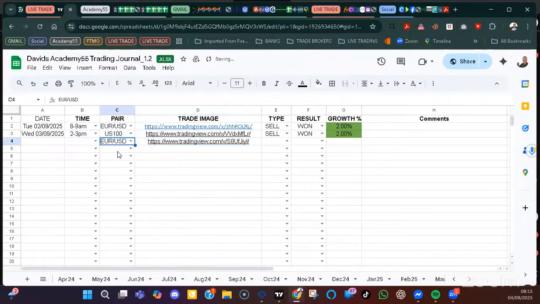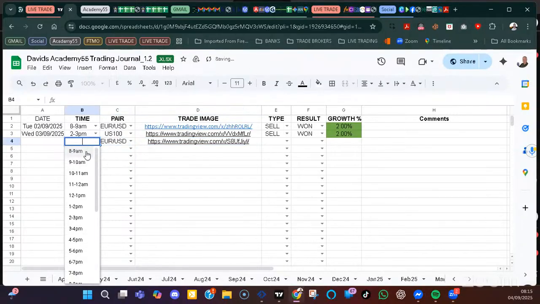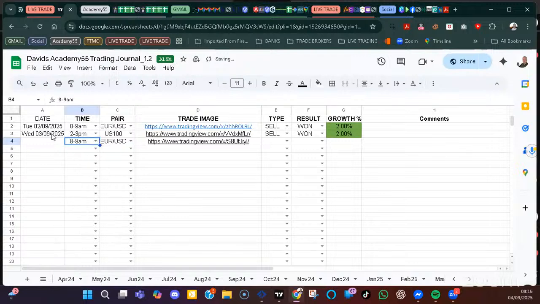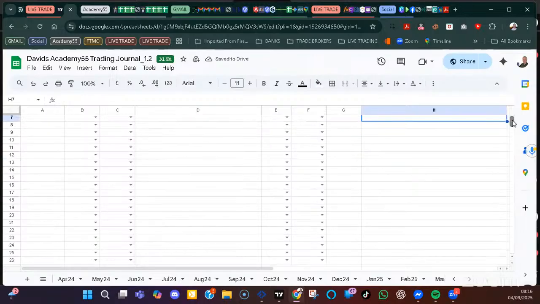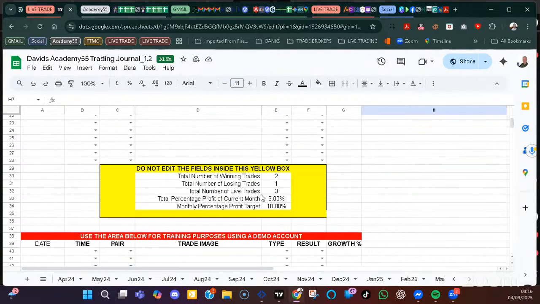I was on the EUR USD between 8 and 9 in the morning here in the UK, Thursday the 4th. I had a buy. Didn't win, unfortunately. So I lost 1%. And now, obviously, I had 4% growth. I've now got 3% growth.